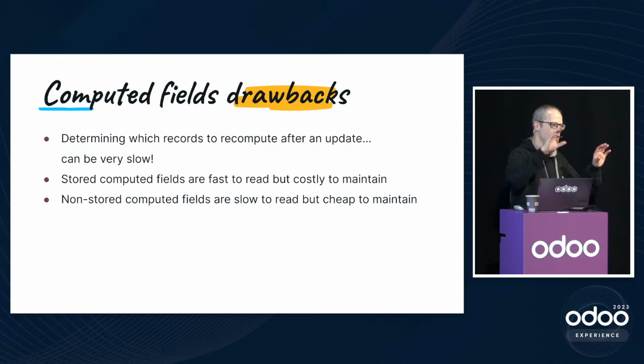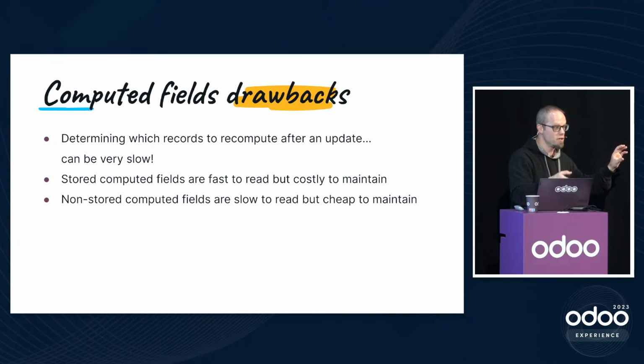If you have many records that have a computed field and they all depend on a common third object, and you modify that one, if the computed field is not stored in the database, then keeping it consistent with respect to its dependency is just a matter of invalidating some cache. It's not very costly in terms of performance.